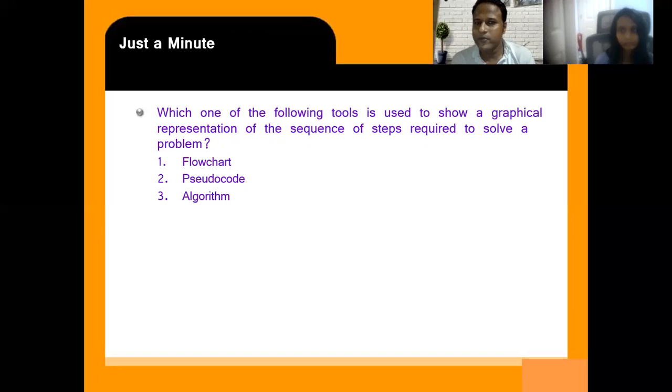I think algorithm. Graphically, algorithm is defined in a step-by-step process. Yeah, graphically, we use flowchart. Flowchart is called the graphical representation. Yes, clear.